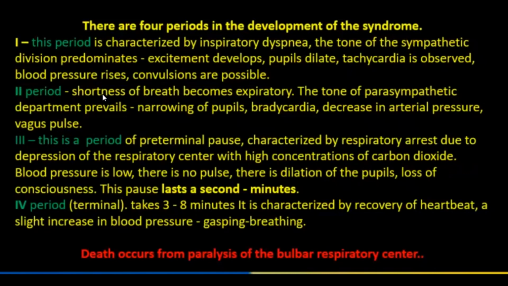In the second period, shortness of breath becomes expiratory. The third period is a preterminal pause, and the fourth is terminal. During 3-8 minutes it is characterized by recovery of heartbeat, a slight increase in blood pressure, and gasping breathing. And death occurs from paralysis of the respiratory center.